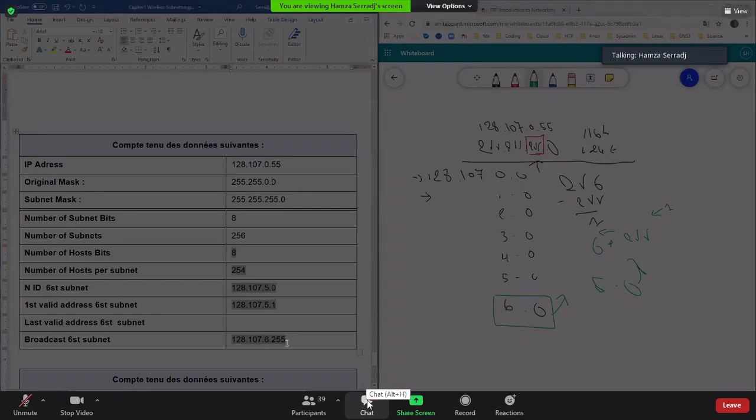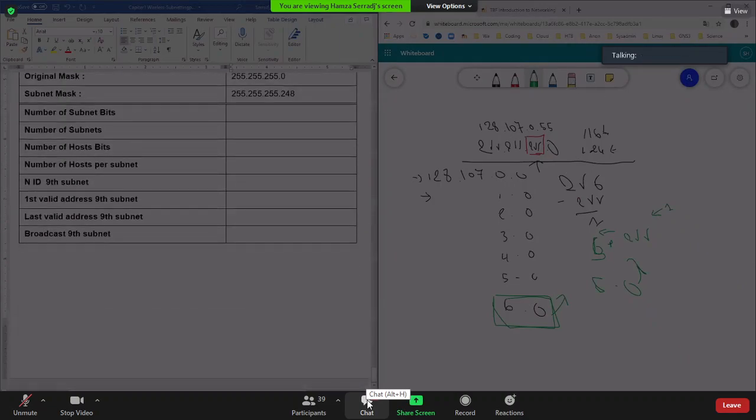Sorry, it's 5. So 128.107.5.254. This one plus 1, I will get 255, and 255 plus 1, I will get 6.0. So this one will be reinitialized because it's 256, and this one will increment to 6. Right. Last one.